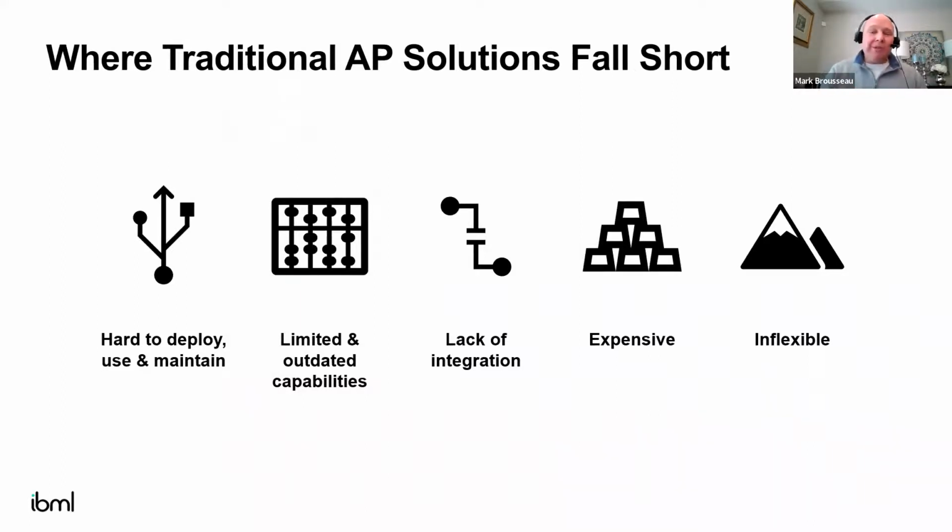One of them is what Ron was speaking of just a few moments ago, these complicated implementations. Look, who has the time for long, risky, and expensive deployments? You also find that a lot of these on-premise solutions simply have limited capabilities, right? And in many cases, it's hard to add capabilities. Some cases, it's impossible.